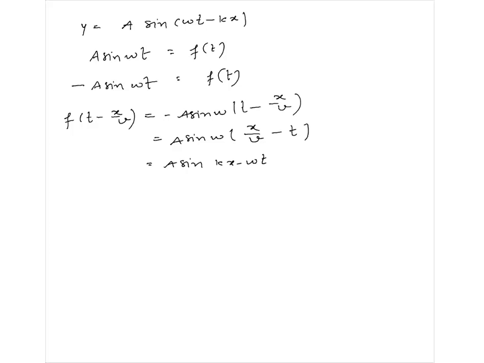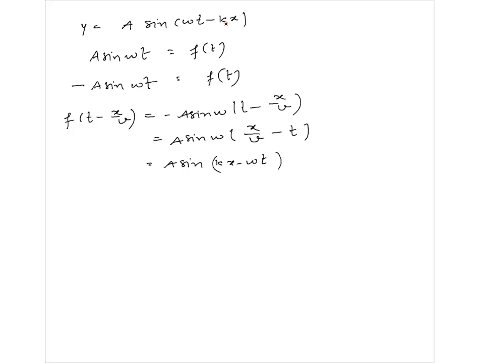So some books take it as this. Some books take it as this. Both are fine. The only difference in these two is how you started moving your hand, up, down, or down, up, down, up. In both cases, wave is moving to the right side only.